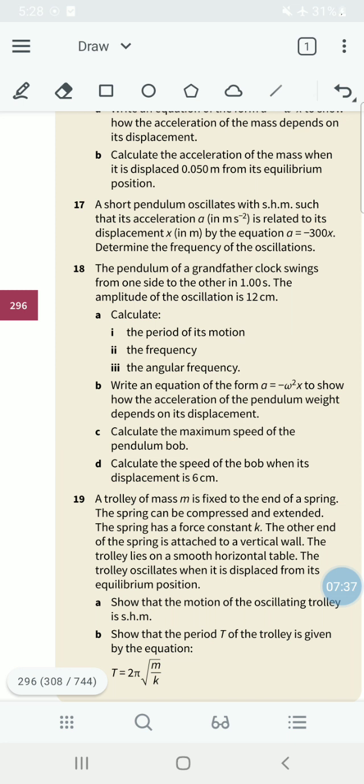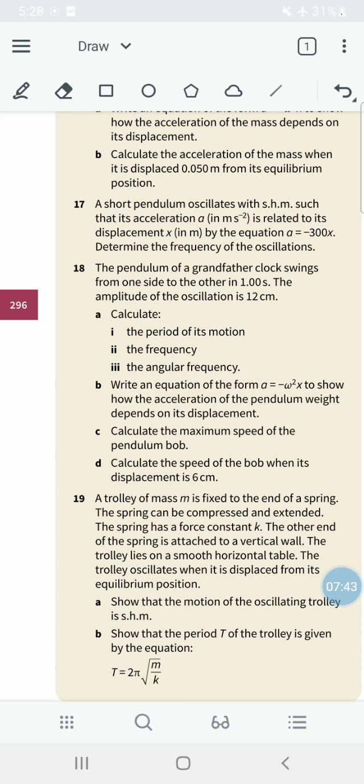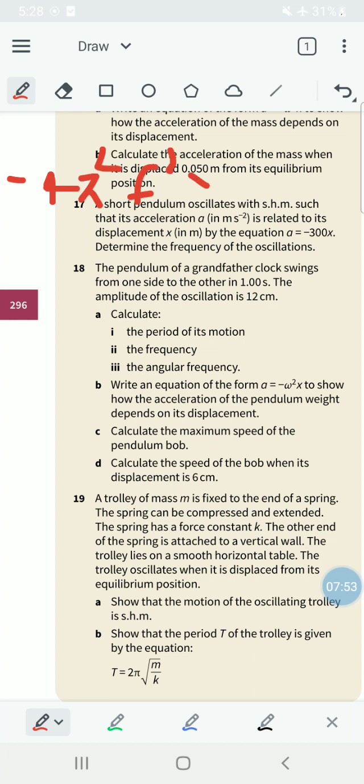We have the equation negative 4 pi squared f squared x is equal to, in the equation they have given, negative 300x.